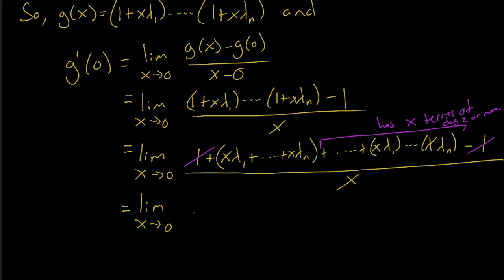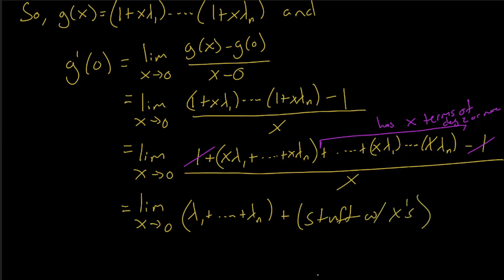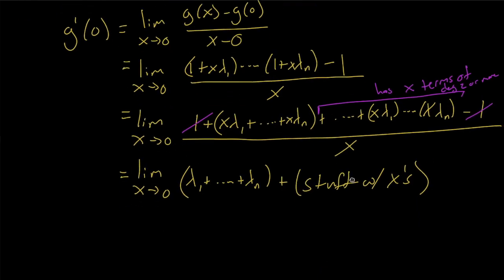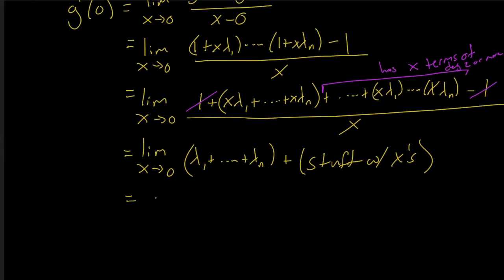And I'll just get lambda 1 plus dot, dot, dot, plus lambda n, plus stuff with x's, stuff that's multiplied by x's. Okay, and this just turns into lambda 1 plus dot, dot, dot, lambda n, which is the trace of t. How about that?